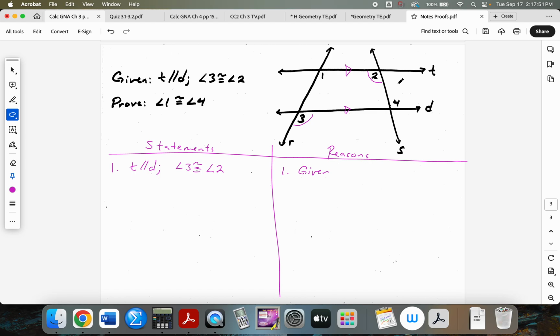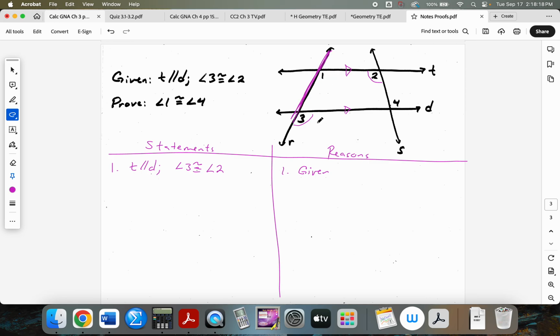For this one, there's actually two different places that you could start. Because I want to be going across the parallel lines, I could use either line R or line S as my transversal. It doesn't matter which one we do first. Let's say that we do this one. So we're going across the parallel lines. What kind of angles are 1 and 3?